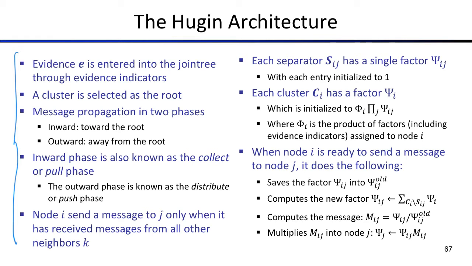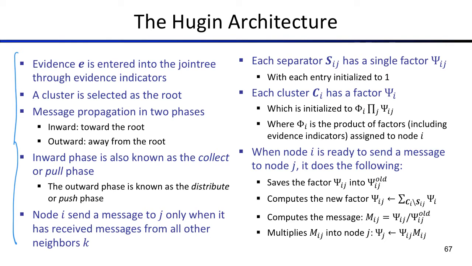It says that each separator S_ij has a single factor psi_ij, and each entry of this factor is initialized with a value 1. So this is one first difference. The Shenoy-Shafer architecture has two factors per edge, so it will have two factors per separator, and here we have just one.